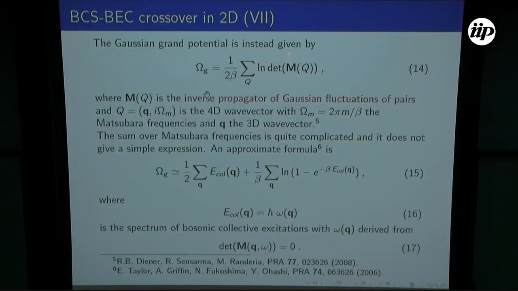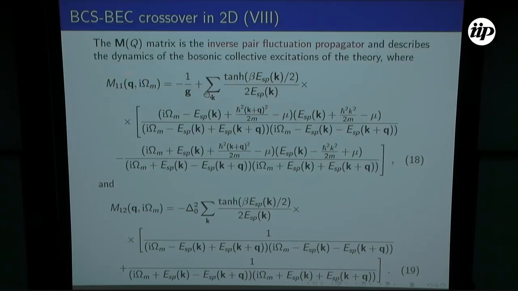And this unfortunately can be solved only numerically. Okay, just to give you an idea, this M is quite a complicated object. Here are the two elements of this matrix, and you see this is very complicated, depends on the fermionic spectrum. So indeed, it will be the contribution due to bosonic fluctuation, but inside it there are fermionic excitations.